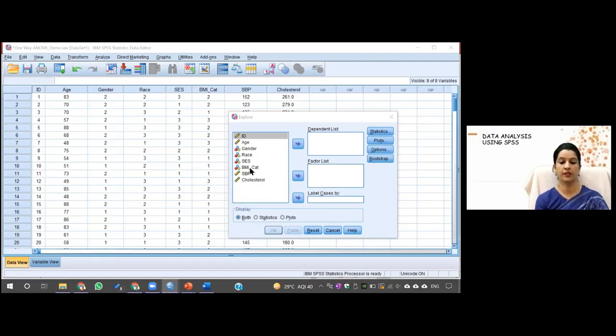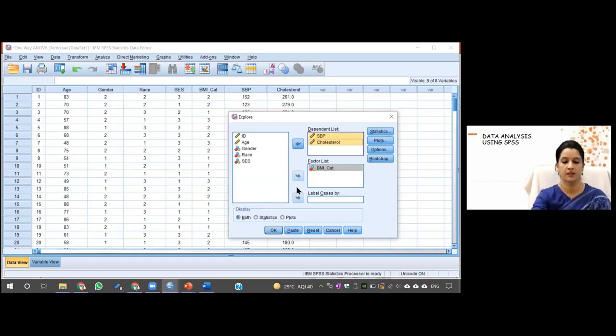Here, I should move the BMI category to the factor, because I have to see the systolic blood pressure and the cholesterol, which go to the dependent list, since I have to test them across this category. I don't want statistics now.